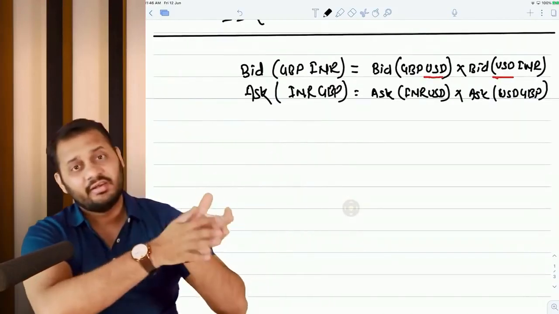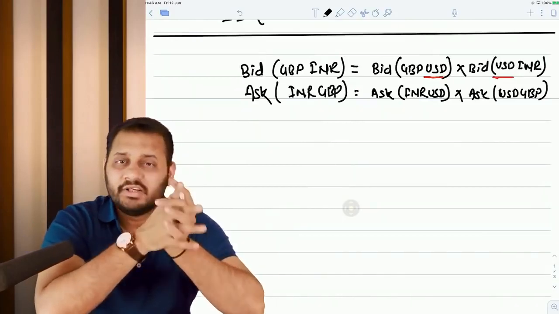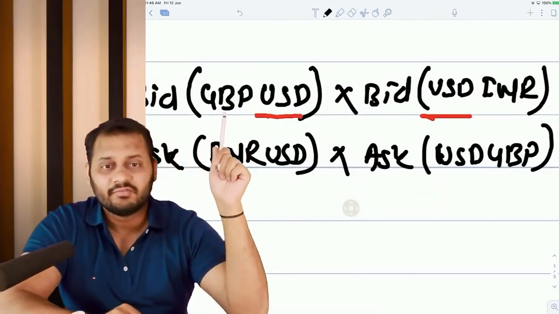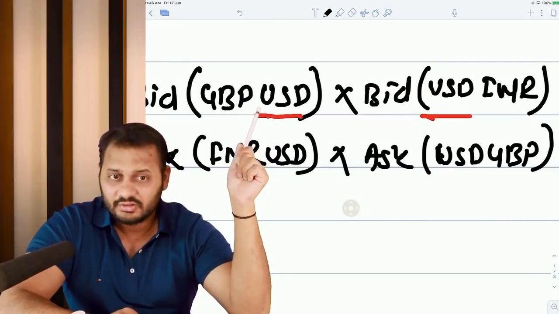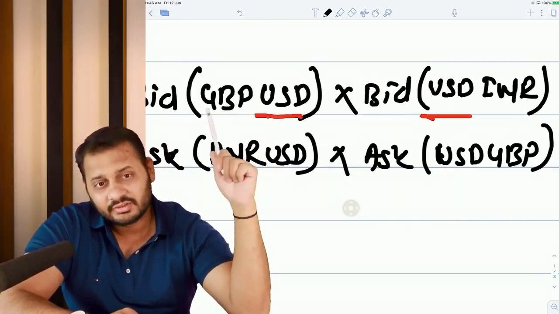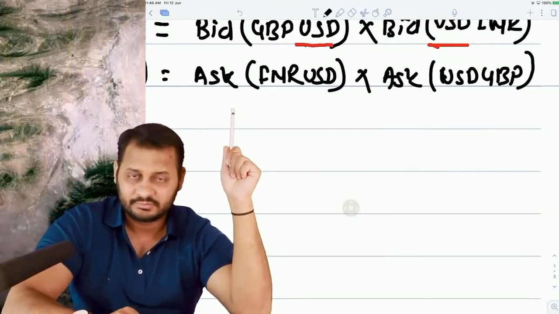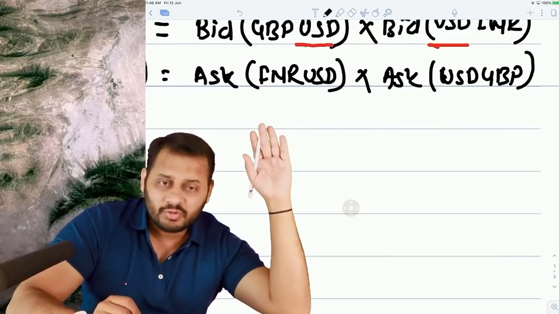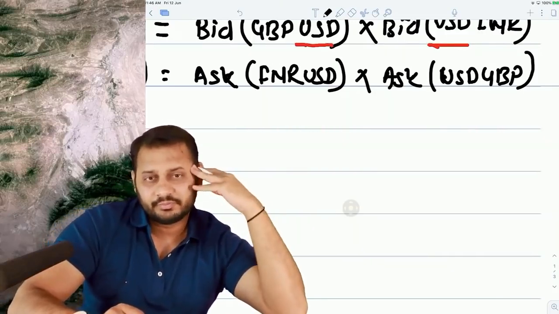Now after creating the equation, look at the question. The very first thing that you need to clarify is whether the rates given are GBP USD and USD INR. Let's take this one, ask. So find out in the question whether the quotations are given in the form of INR USD and USD GBP.